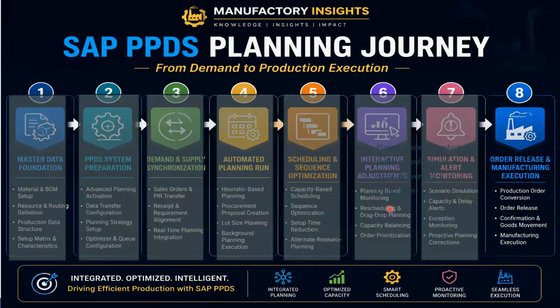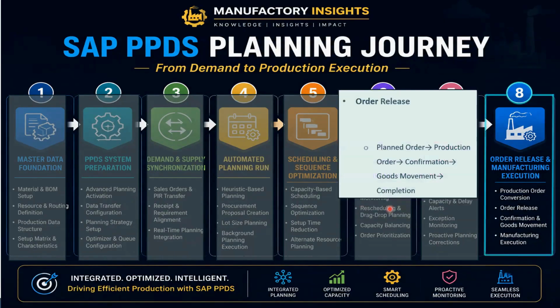At the end, we are reaching order release and manufacturing execution. If the plan is executable, then the planned order may need to be fixed, or the planned order may need to be converted to a production order or a process order, depending on the manufacturing method. Obviously, the production order needs to be released before the execution.